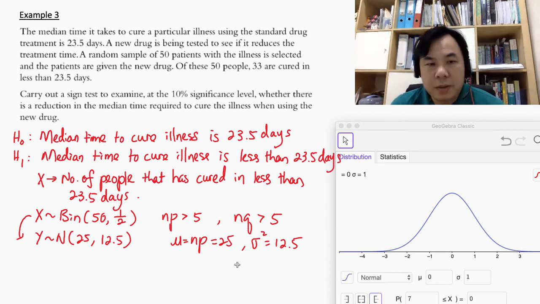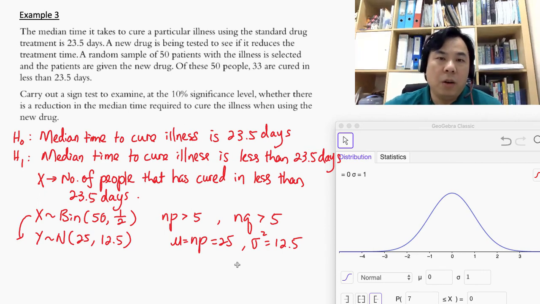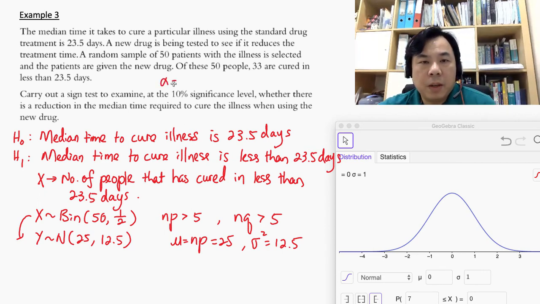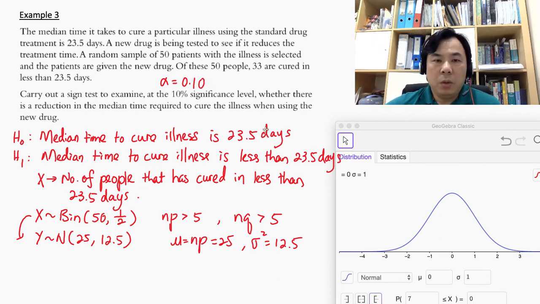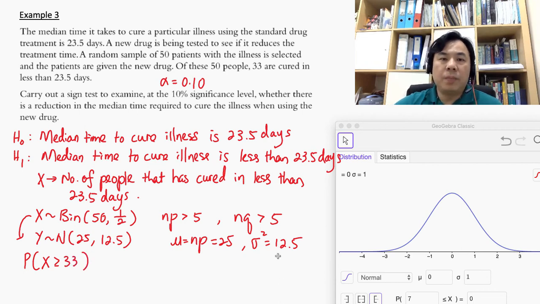All right. Now next, as usual, because the alpha given to us is 10%, so 0.10. So 0.10, in order for us to be able to reject the null hypothesis. Now we want to find out the probability of x that is more than or equal to 33.